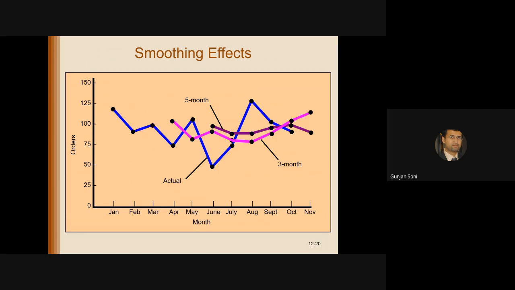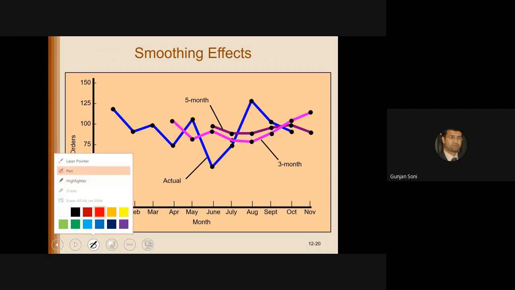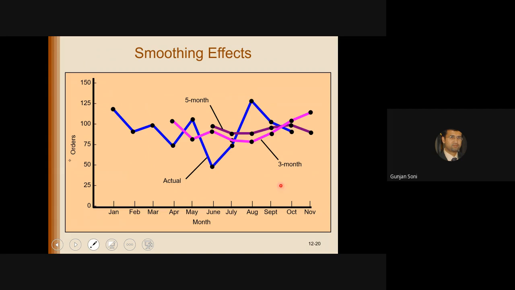The pink line is indicating the 3 month moving average, while the blue line is indicating actual demand, and the purple line is indicating the 5 month moving average.